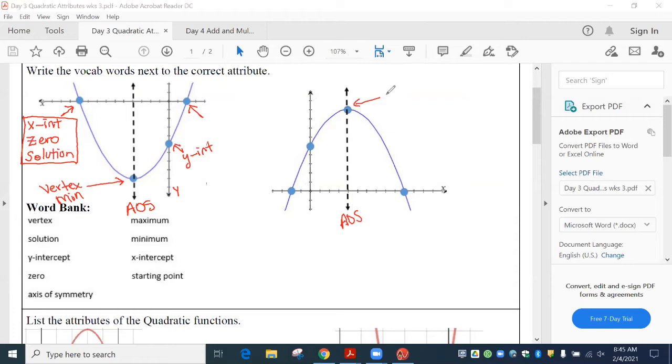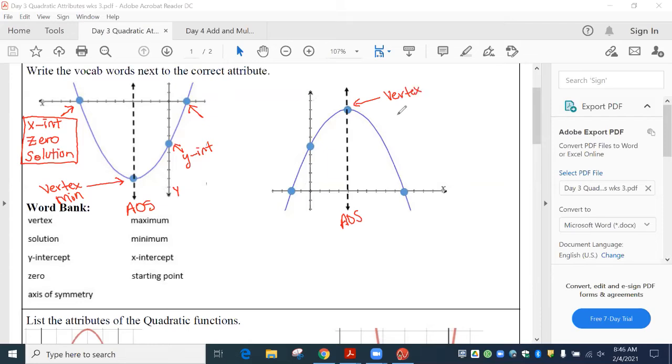This right here is, and it's really confusing because right now it's technically pointing at the line and the dot. Usually we label the line at the bottom and then the dot, so I draw this arrow right here to the dot. When the arrow's going to the dot, it's the V word, the vertex. It's the minimum, right?